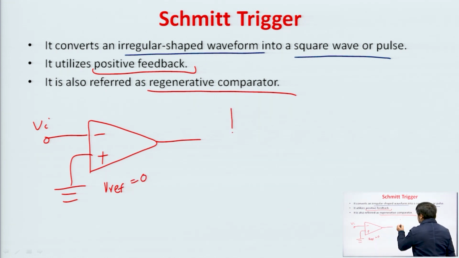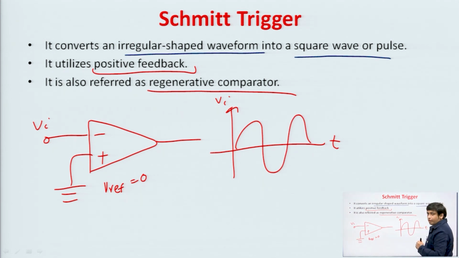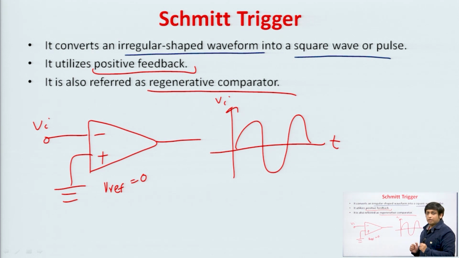So, what happens when we apply the input signal, that is Vi versus t, this sine wave at the input of this op amp, then at every zero crossing, means the time when this sine wave crosses this 0 point, right, that I have marked.